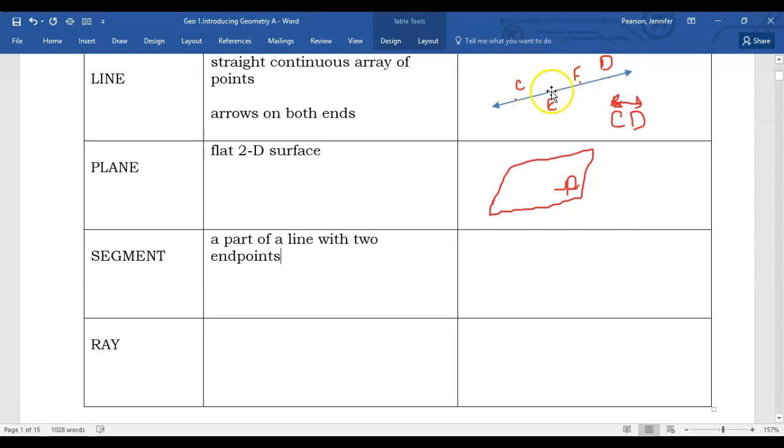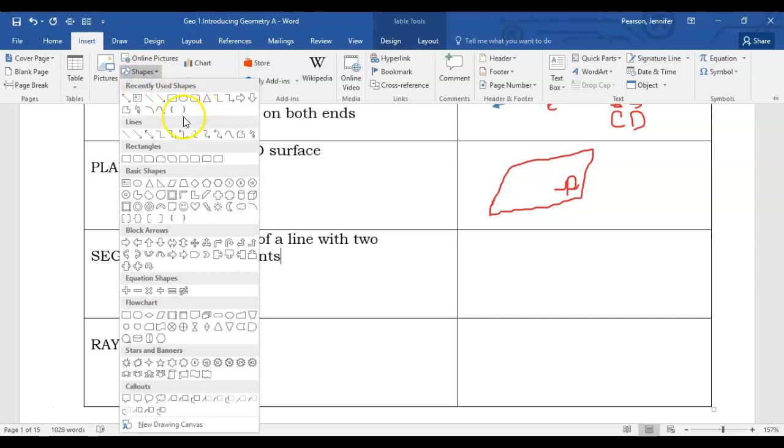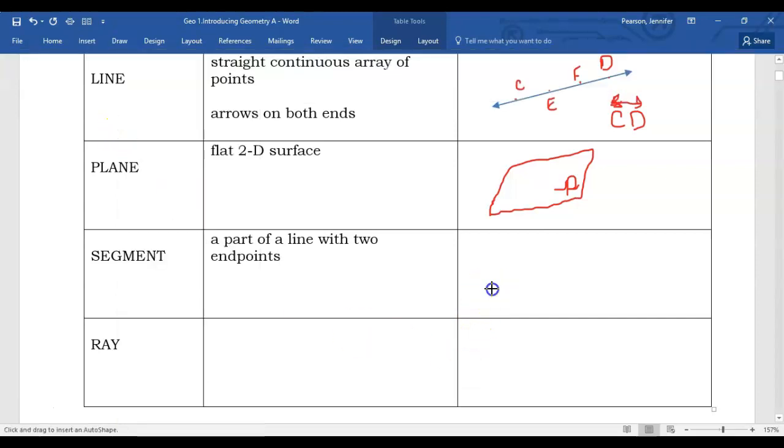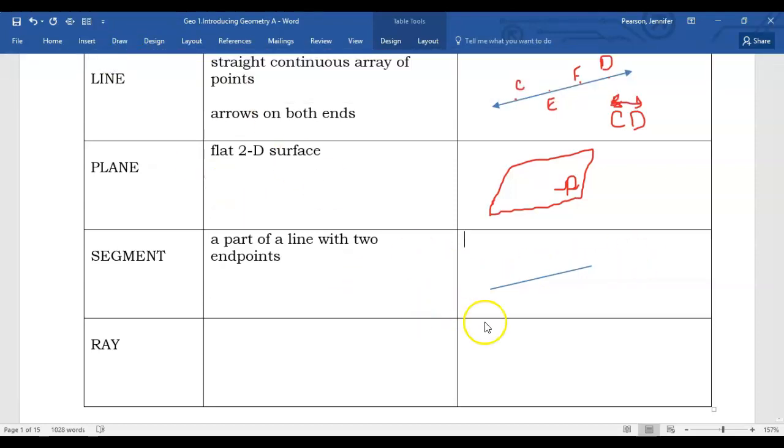Or the piece of this line between E and F, that would be a different segment. So it's just a little piece of that line. And I'm going to try to cheat a little bit again to make sure my line looks pretty straight, but it would basically look like that. So sometimes you would see these points really defined on the ends here, and sometimes they wouldn't be really defined there. But I'm going to draw them on a little bit nicer.